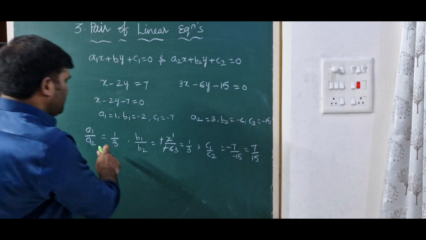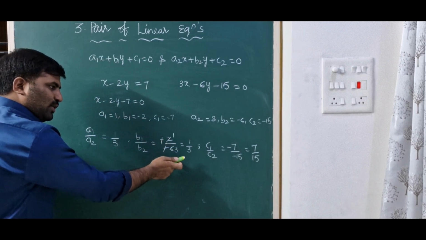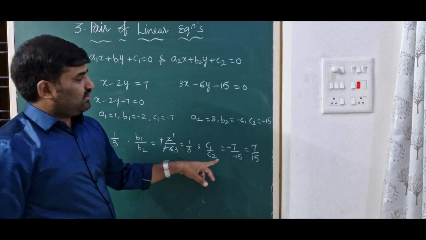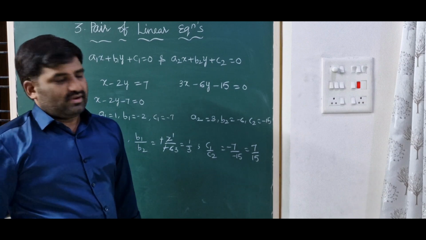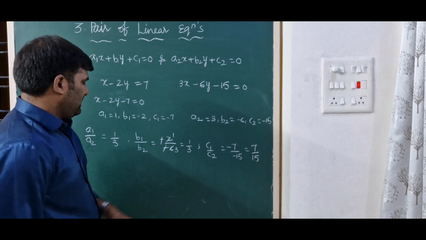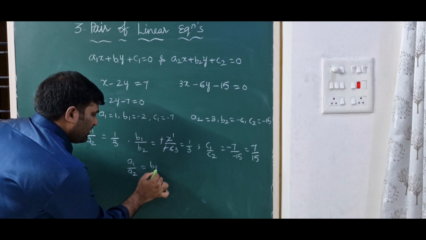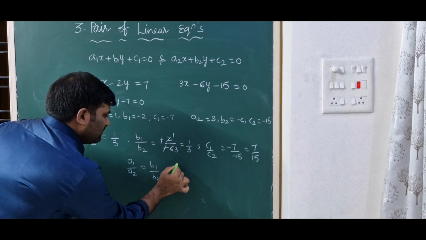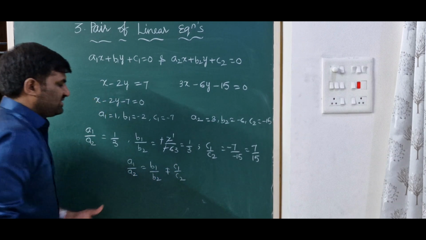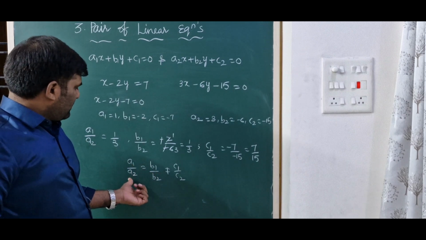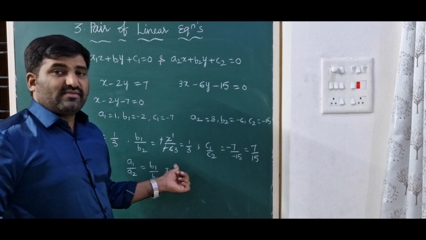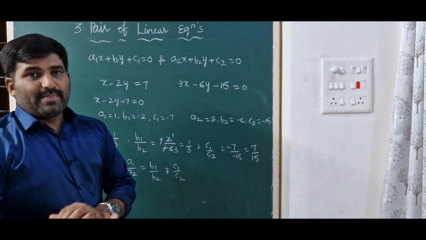If you observe, a1 by a2 is 1 by 3, b1 by b2 is also 1 by 3, but c1 by c2, 7 by 15, is not equal to 1 by 3. We can say that a1 by a2 is equal to b1 by b2 is not equal to c1 by c2. From this, the lines are parallel.